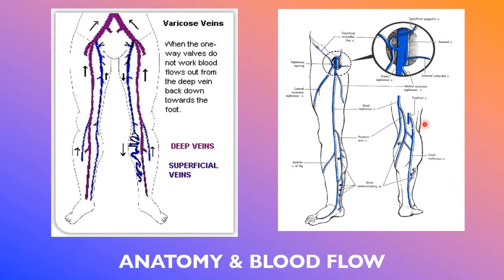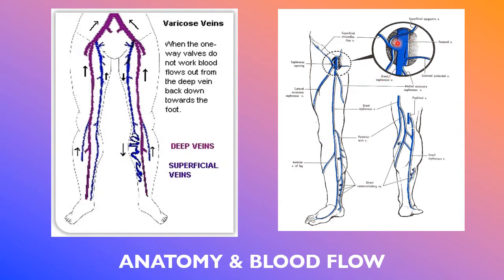In the diagram on this side, it shows the superficial venous system, which is involved in varicose veins. It begins at the saphenofemoral junction in the groin, where the long saphenous vein, which drains the main part of the superficial part of the leg, drains into the femoral vein.